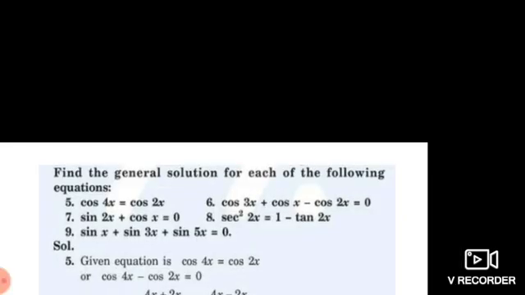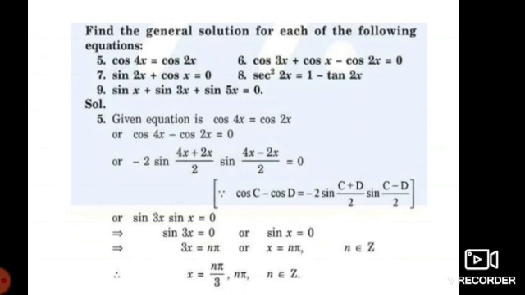Similarly, you have to find the general solution of the following sums. Given equation is cos 4x equal to cos 2x. Bring everything to the left hand side, apply the formula. Cos 4x minus cos 2x equal to 0, it is nothing but minus 2 sin of a plus b by 2 into sin of a minus b by 2. So minus 2 sin of 4x plus 2x by 2 into sin of 4x minus 2x by 2, you will get sin 3x into sin x equal to 0.